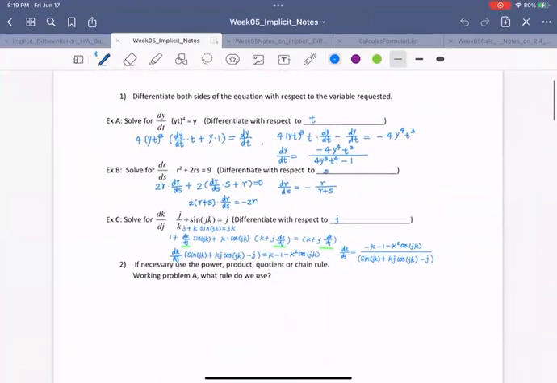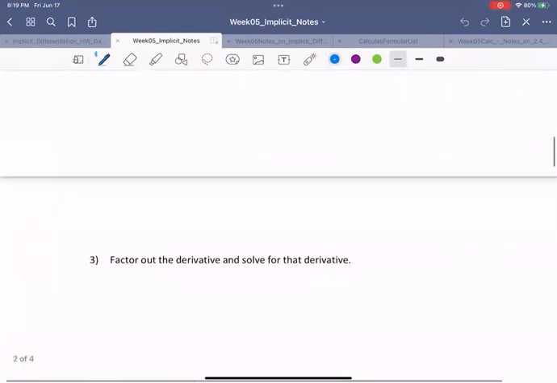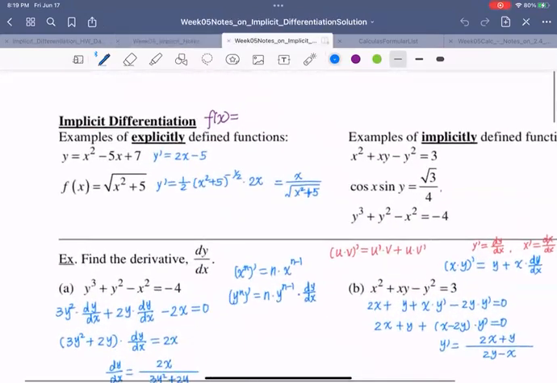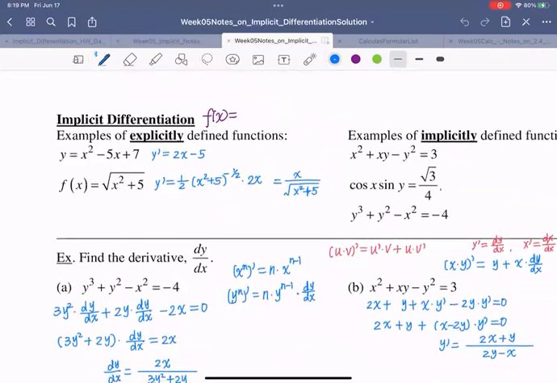Implicit differentiation. This here. So at the beginning, those questions are easy. X squared, derivative 2x. Negative 5x, derivative is minus 5.